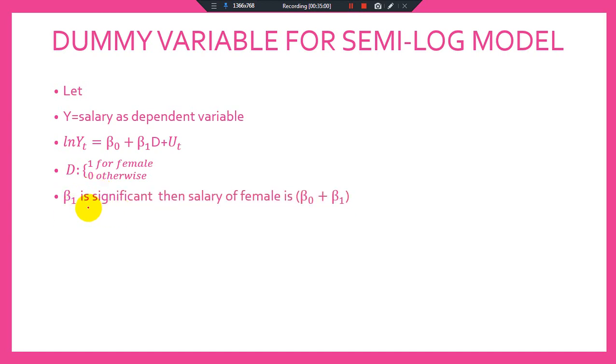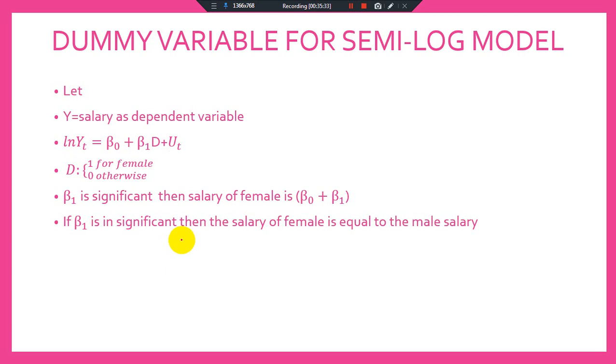So keep in mind that if beta 1 is significant, then the salary of female is equal to the constant beta naught plus beta 1. So see here, if we put a 1 here, because we are supposing 1 for female, then our female salary equation becomes ln yt is equal to beta naught plus beta 1.